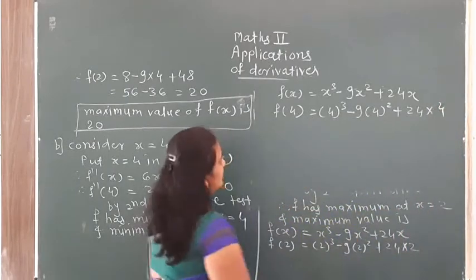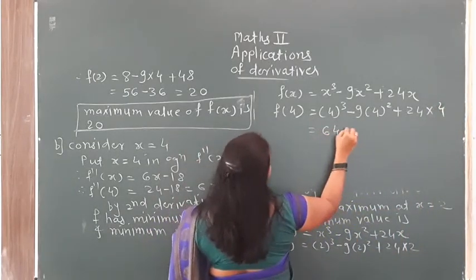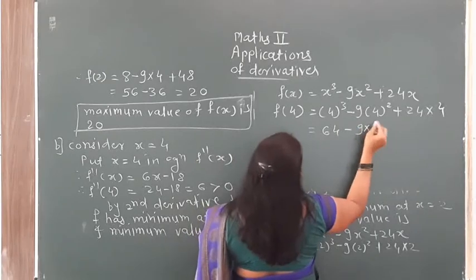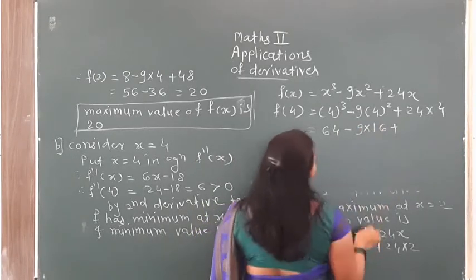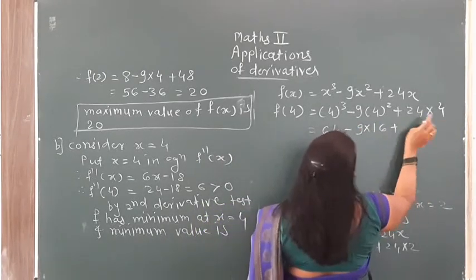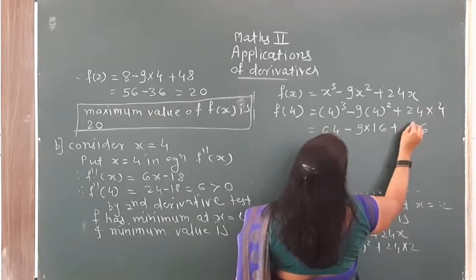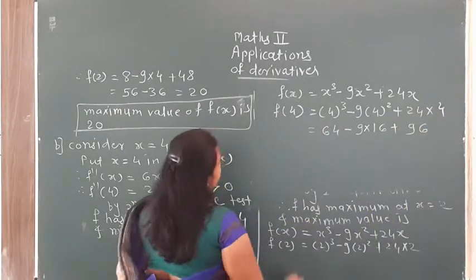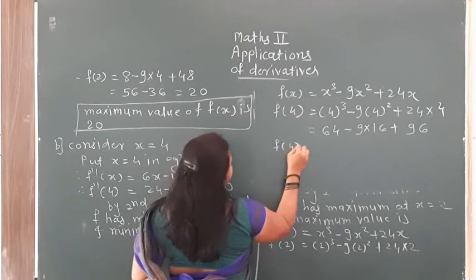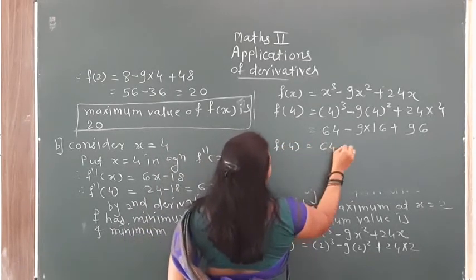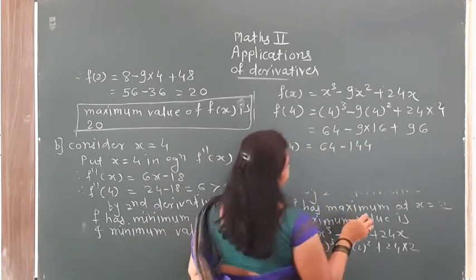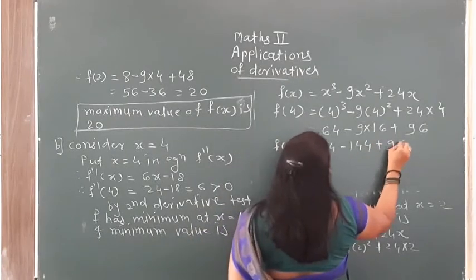So simplify here. We get 64 minus 9 multiplied by 16 plus 96. Now simplify. f of 4 is equal to 64 minus 144 plus 96.